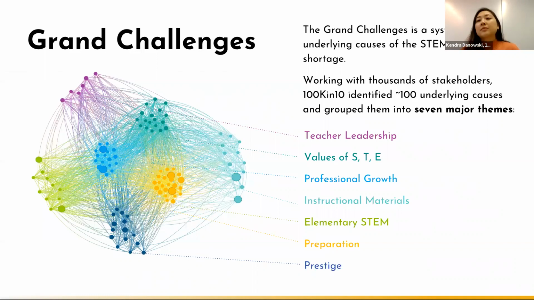Many of you might remember them from your registration form where we asked how you'd like to be grouped with other attendees, but those are teacher leadership, value of science, technology, and engineering, professional growth, instructional materials, elementary STEM, preparation, and prestige. And we developed this map over the course of years alongside our partners and teachers and other experts in the field. And so these are the 7 overarching themes, and then there are roughly about 100 individual challenges underneath those 7 themes.